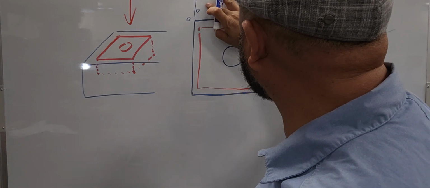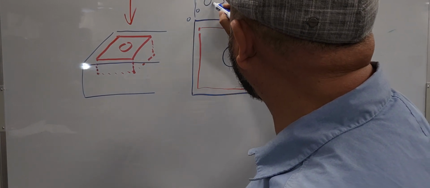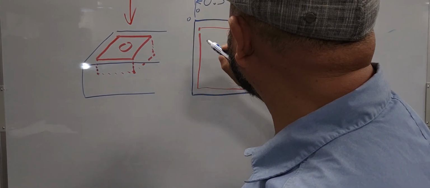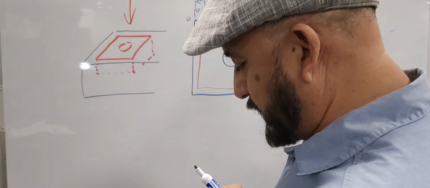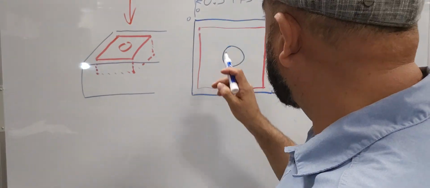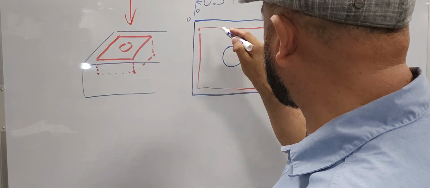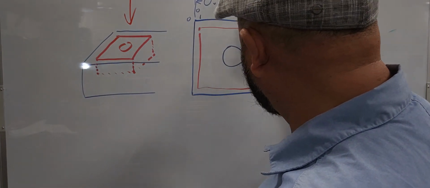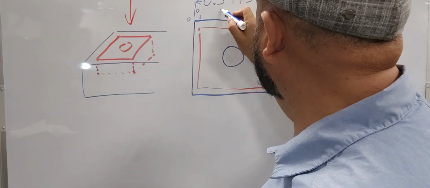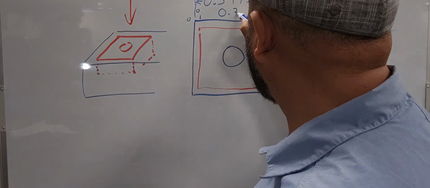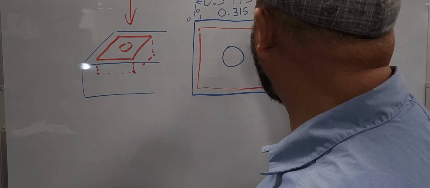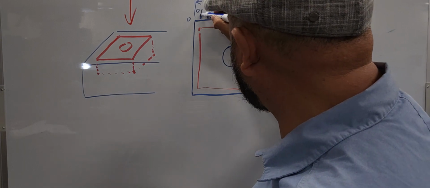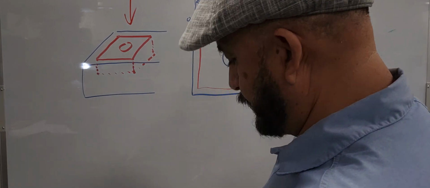I'm going to put this closer, 0 point, so you get the idea. And then the actual dimension down here, from here to here, is 315, from there to this edge which touches it. Okay?